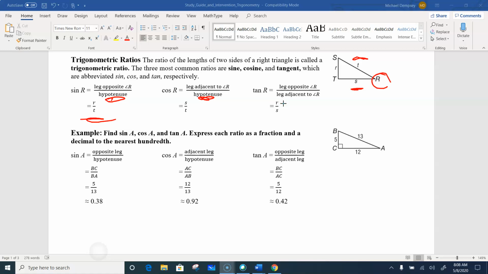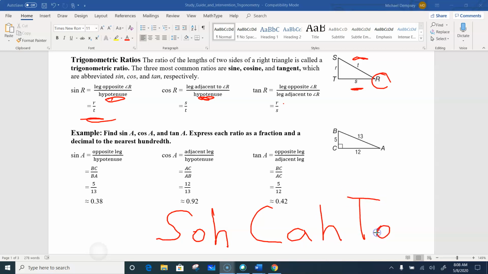So what we can come up with here is a little acronym to help you remember this. For sine, we have the opposite side over the hypotenuse. So we call that SO. And just hang with me. For cosine, what do we have? The adjacent over the hypotenuse. And then for tangent, we have the opposite over the adjacent.